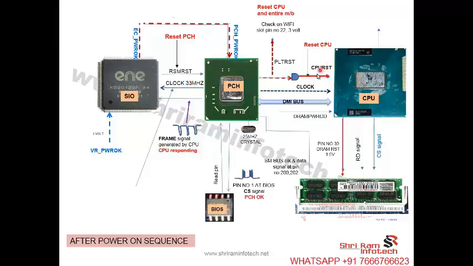So now CPU got the reset, CPU got the clock, and then CPU is ready to access this DMI bus. This DMI bus, direct media interface bus, is connected to the PCH, and now PCH will read your BIOS like this at pin number 1 and pin number 2, the information goes inside the PCH and CPU accesses it, right?